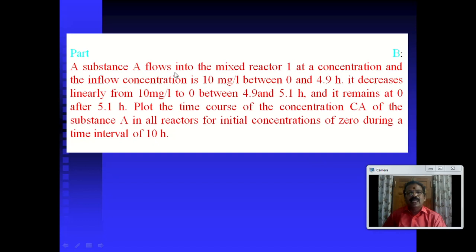So A is entering into the tank with a concentration of 10 milligram per liter for a time period of 0 to 4.9 hours.